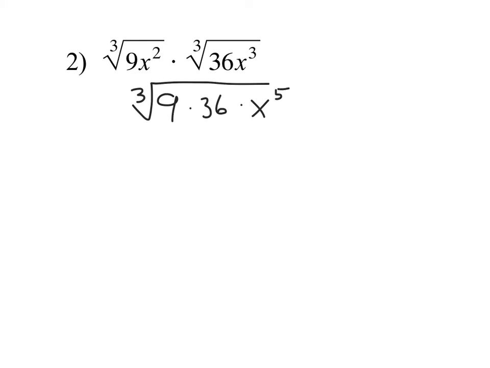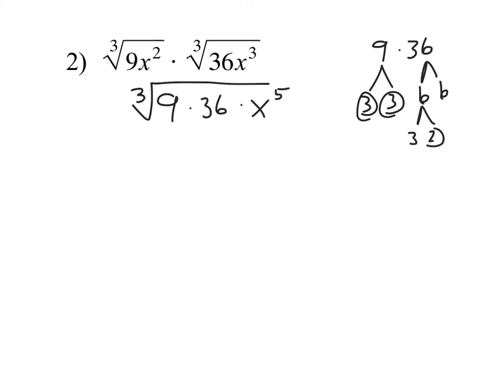Okay? All right, so now I've got 9 times 36 that I'm going to break down. 9 goes to 3 and 3. 36 goes to 6 and 6. And then 6 goes to 3 and 2, and 3 and 2.